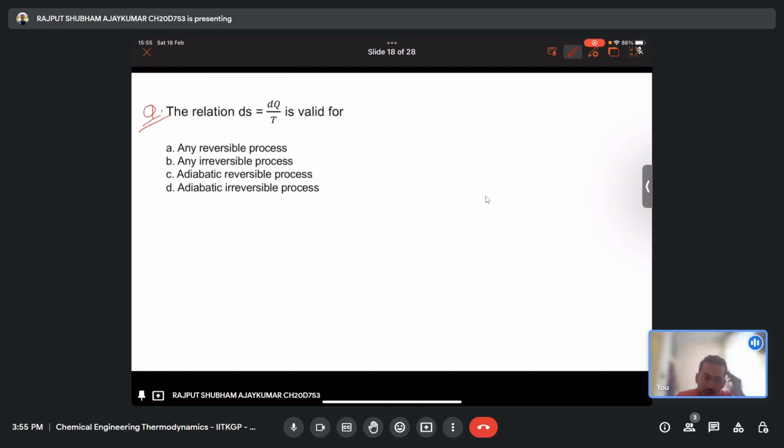I already told the answer in between solving the numericals. dS equal to dQ by T is valid only for a reversible process, irrespective of any other type of process. This equation has been derived keeping in mind that the process is reversible.